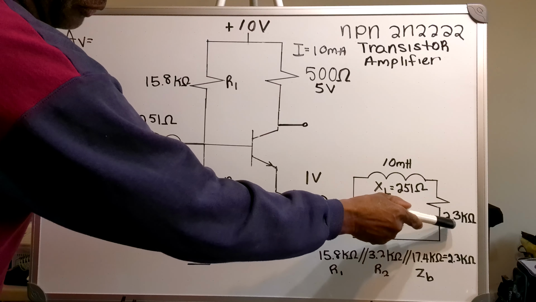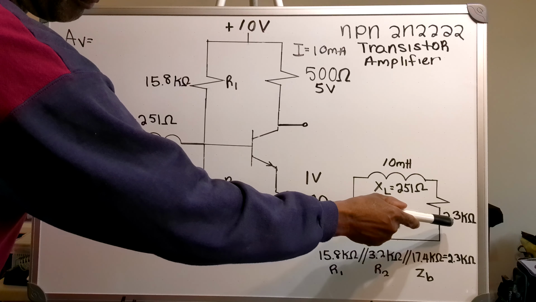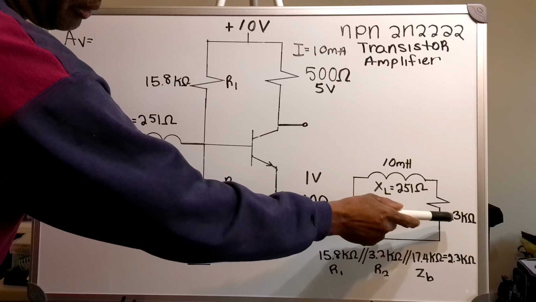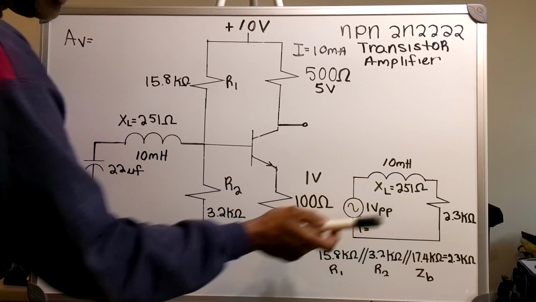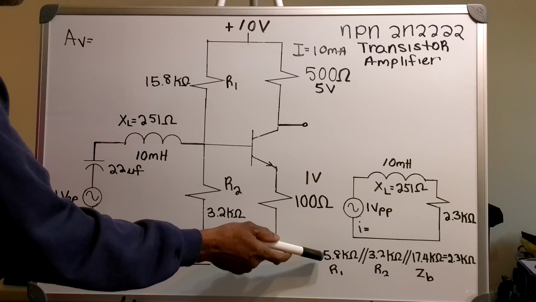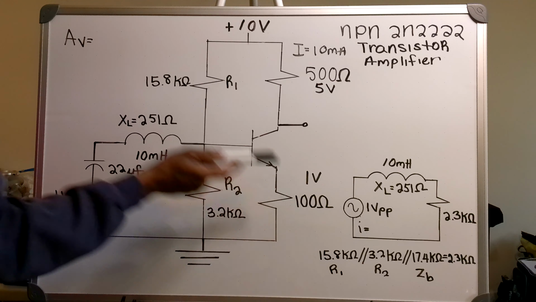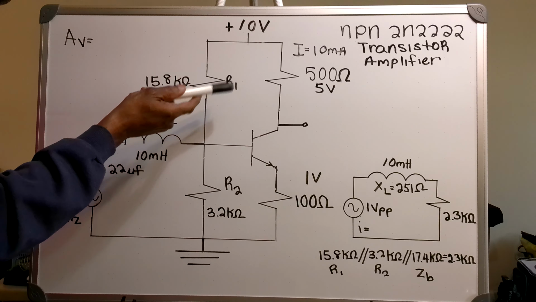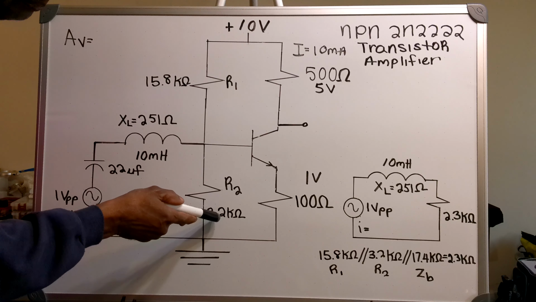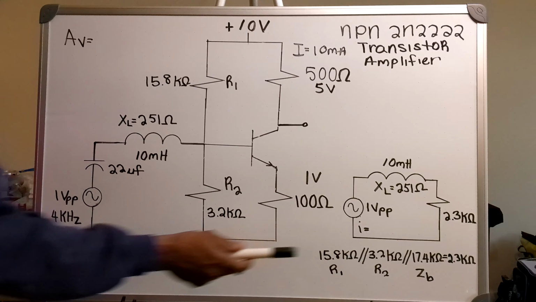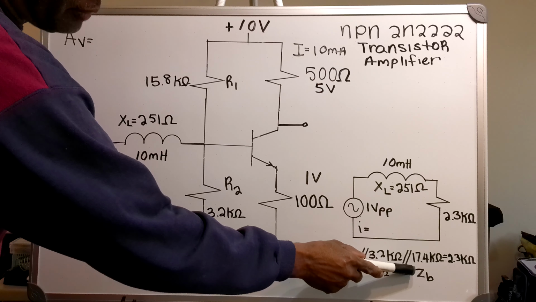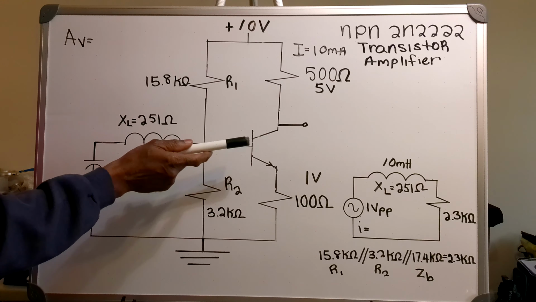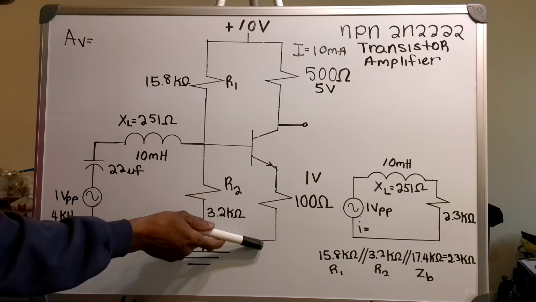Now, where did I get this from? This 2.3 kilo ohms is found by the parallel combination of my 15.8 k ohm resistor and my 3.2 k ohm resistor and another resistance called ZB, which is seen from the base of the transistor down to ground.